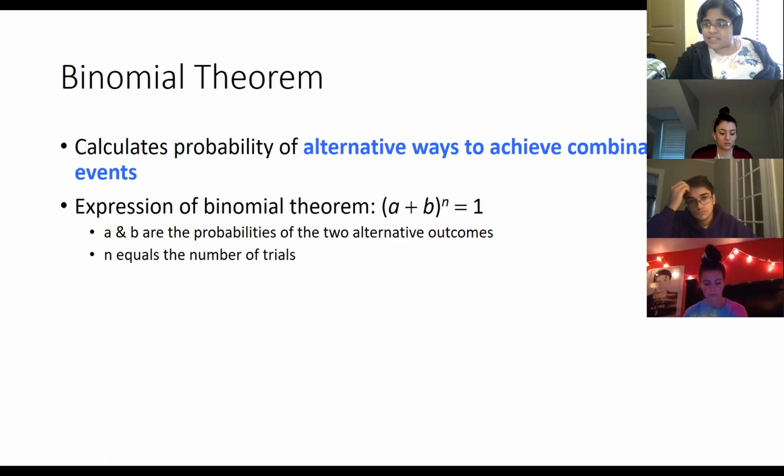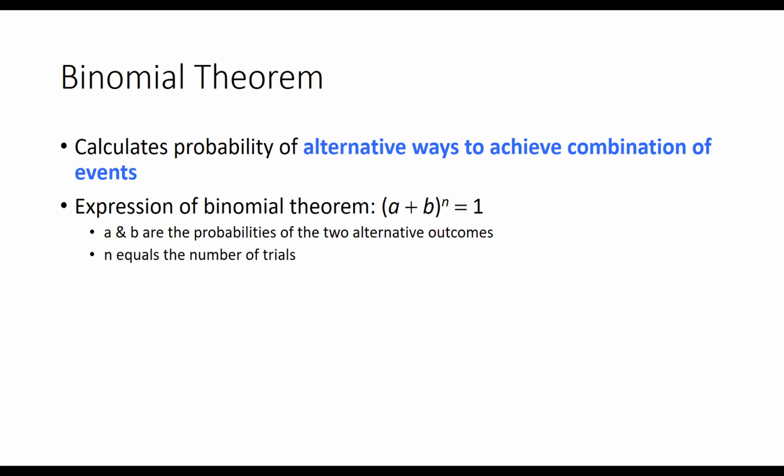This is a way to calculate the probability of alternative ways to achieve that combination of events. So the binomial theorem is just, instead of doing the product and sum rule like 1,000 times, it simplifies things down if there are two alternative outcomes.